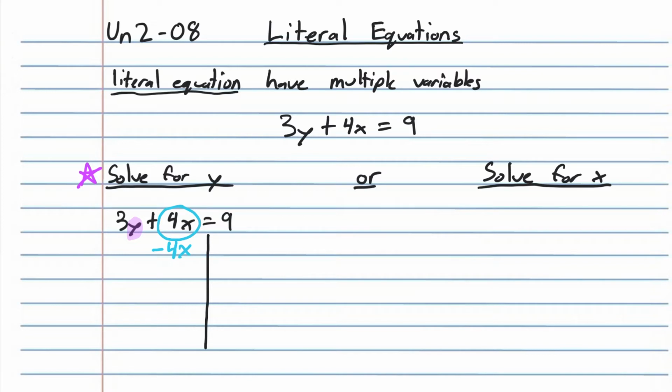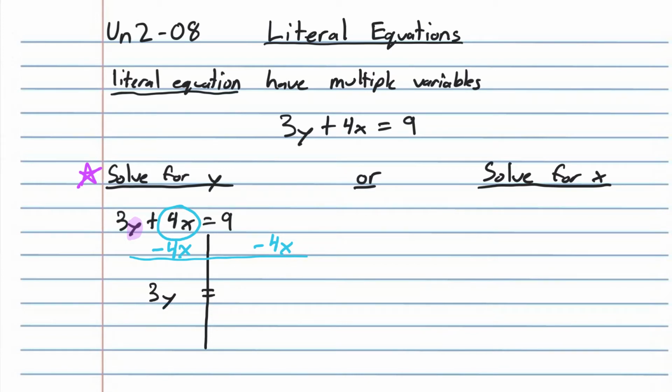Now, the problem is, on the right-hand side, there's no other x terms. So I don't want to line it up with that 9, so I'll put it off to the side over here, because I cannot combine the 9 and the 4x. They don't go together. So here's what happens. Draw the line across. Leftovers, we still have that 3y.